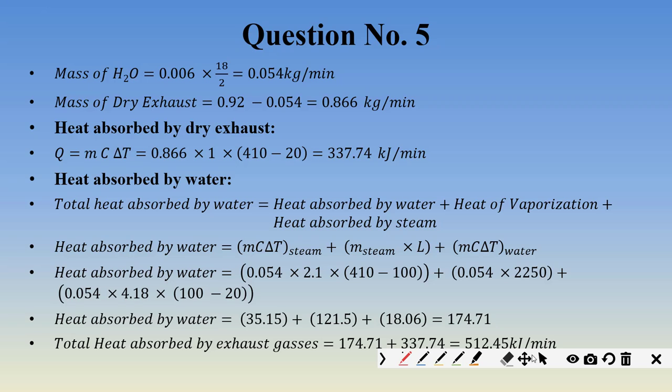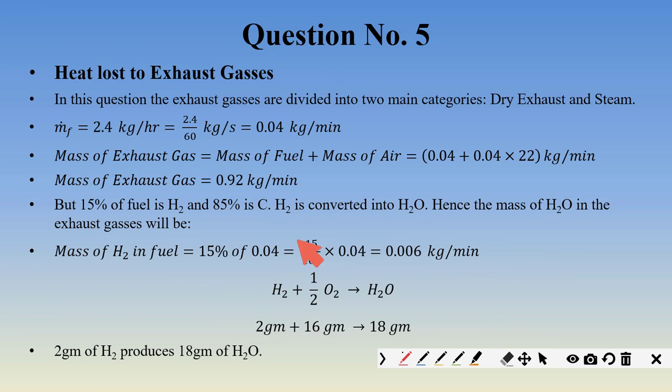So what was the total weight of our exhaust gases per minute? Total weight of exhaust gases per minute was 0.92. Out of that, 0.054 is water, and the remaining is dry exhaust gases.